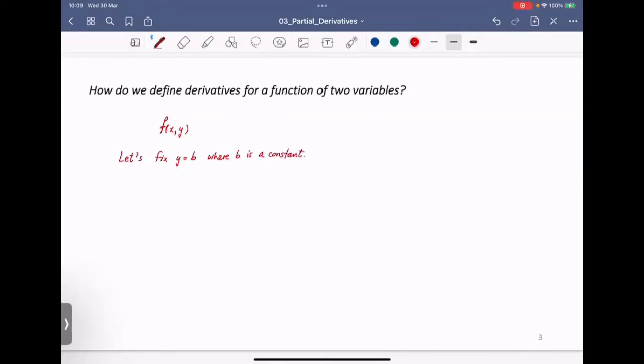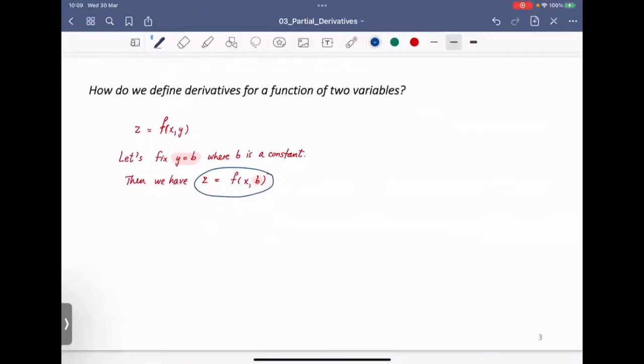Once you fix y equal to a constant, let's call this thing c. Then your function is c = f(x, b). If you let y equal b, then you replace y with b here. So the function that I circled here is no longer two variables.